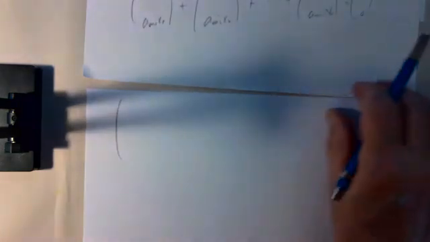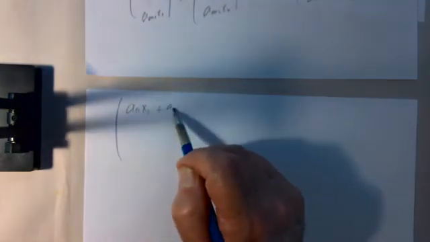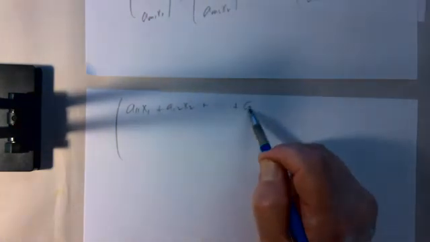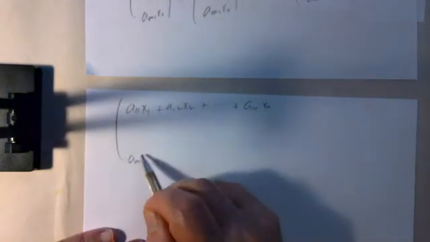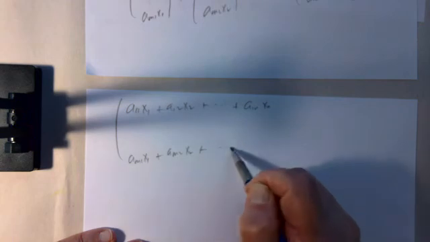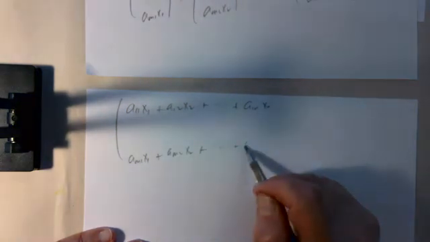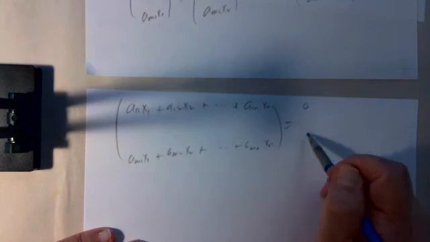When I add these vectors up on the left, I get a vector where the first coordinate is a11x1 plus a12x2 up to a1nxn. The last coordinate will be am1x1 plus am2x2 up to amnxn, equals the vector with all zeros.